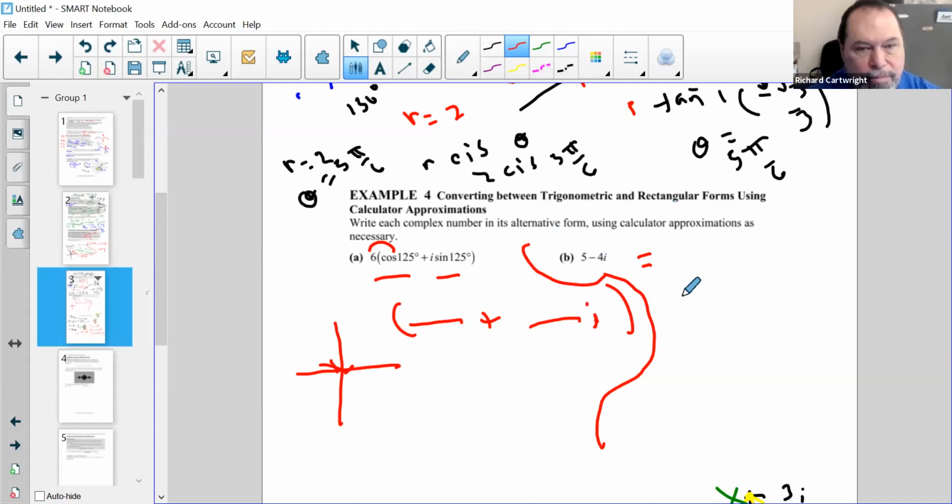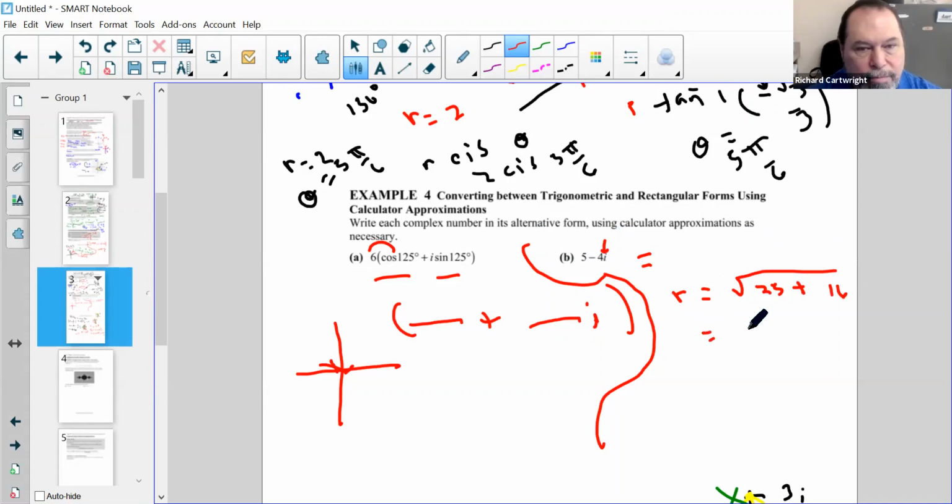I could zoom in. All right, r must be the square root of, there's my x squared, that's 25, plus, and there's a negative 4. Negative 4 squared is 16.